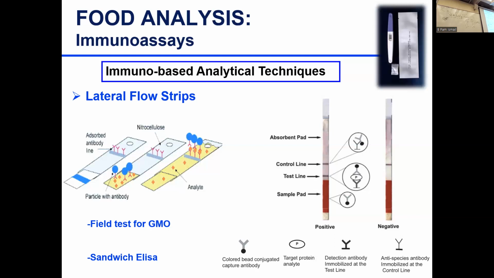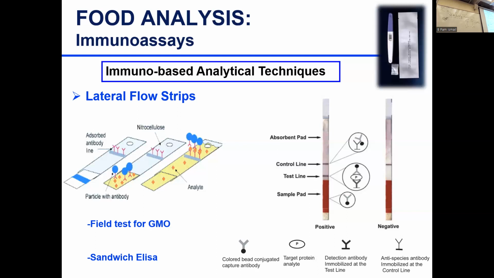Here you have antibody to the colored antibody. So basically, you have an immobilized antibody to the antibody. Then you always see that control line. You always should see a color. If you don't see a color, there's a faulty strip. So you would always have that. And then if you have the antigen, you will see a color at the test line.